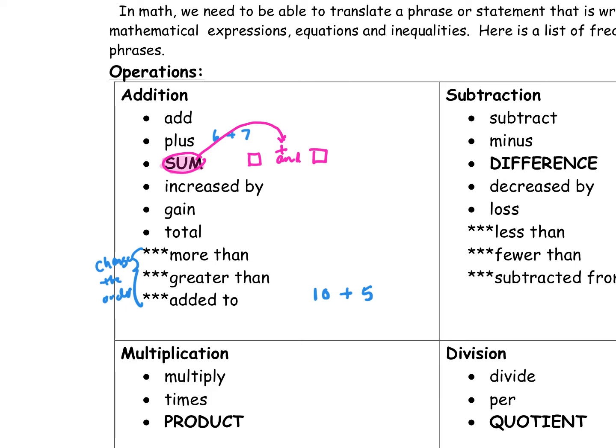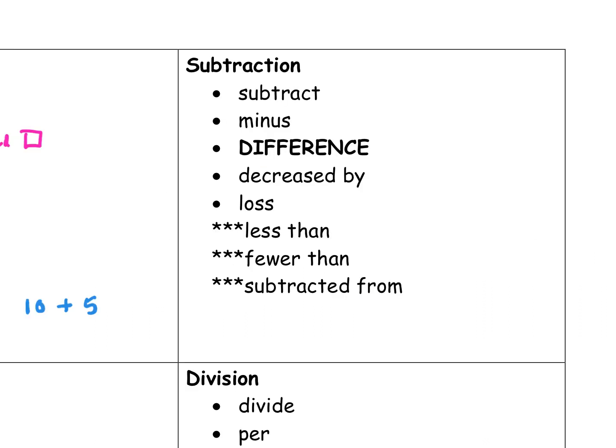So now let's move on to subtraction. Our list of words and phrases are subtract, minus, difference, decreased by, loss, less than, fewer than, and subtracted from. Once again, if they said 5 minus 2, I would write that in the order that they gave it to me.